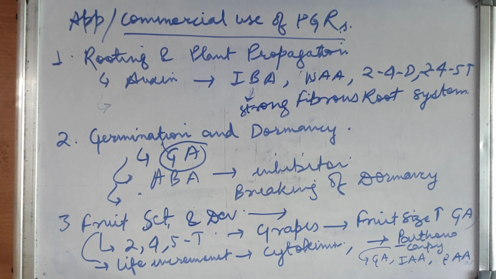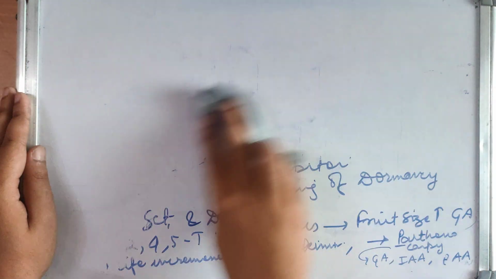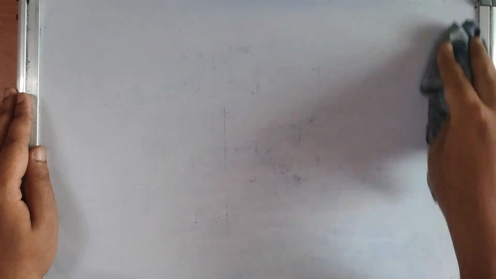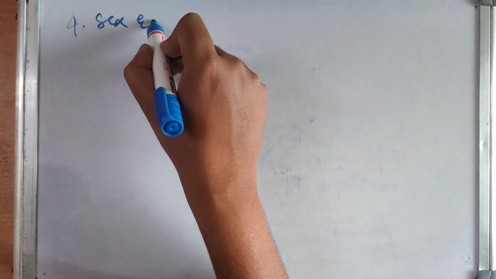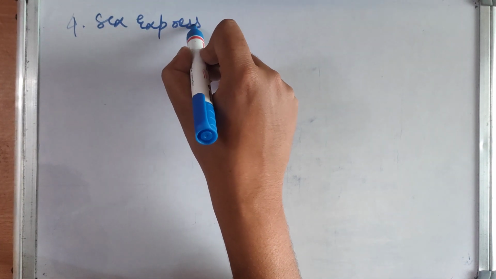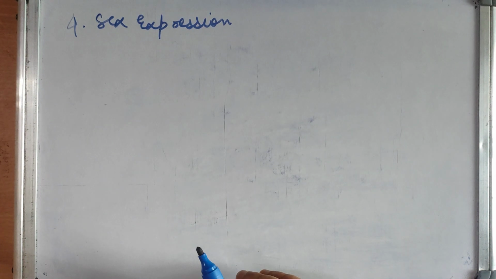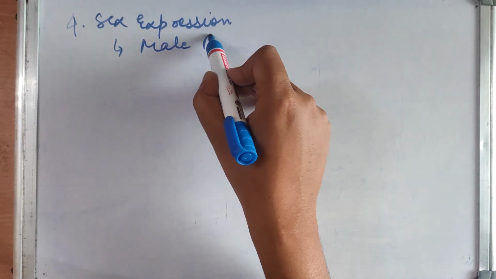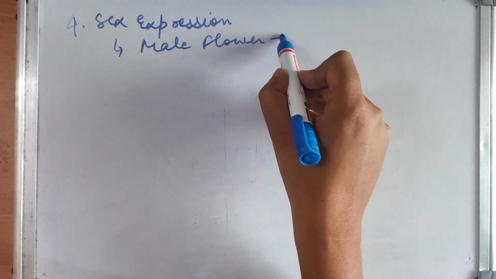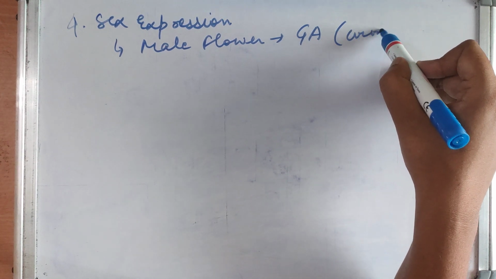Now moving on to the next point, number 4, that is sex expression. Male flower is produced by GA, which you can see in cucumber.